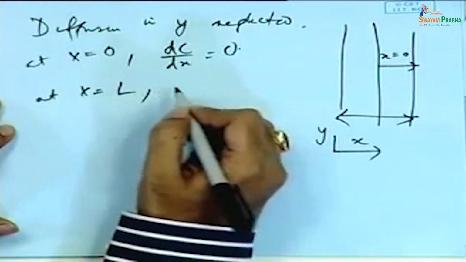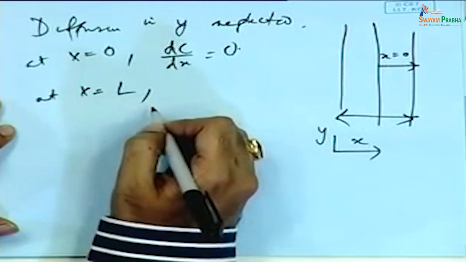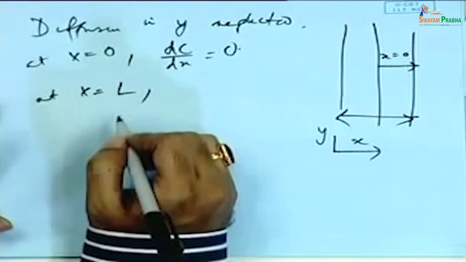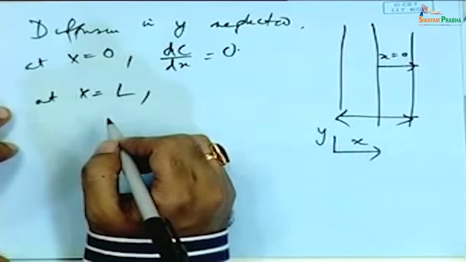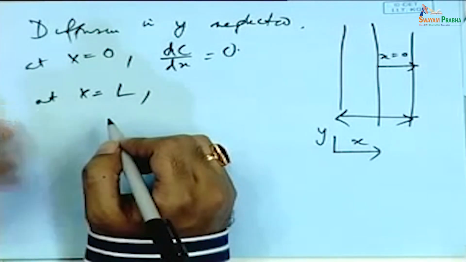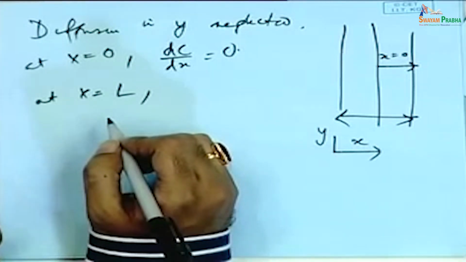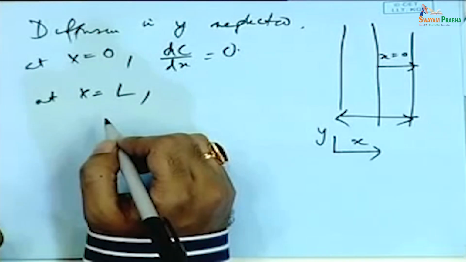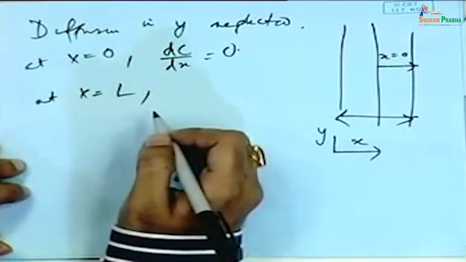At x equals L, what? There are several possibilities, so you have to just pick one. Let's talk about the simplest now. We will do the more complicated one next class. Continuity is the simplest form. You can have a Robin boundary condition, which is a flux-type condition with concentration, or you can have simple continuity.